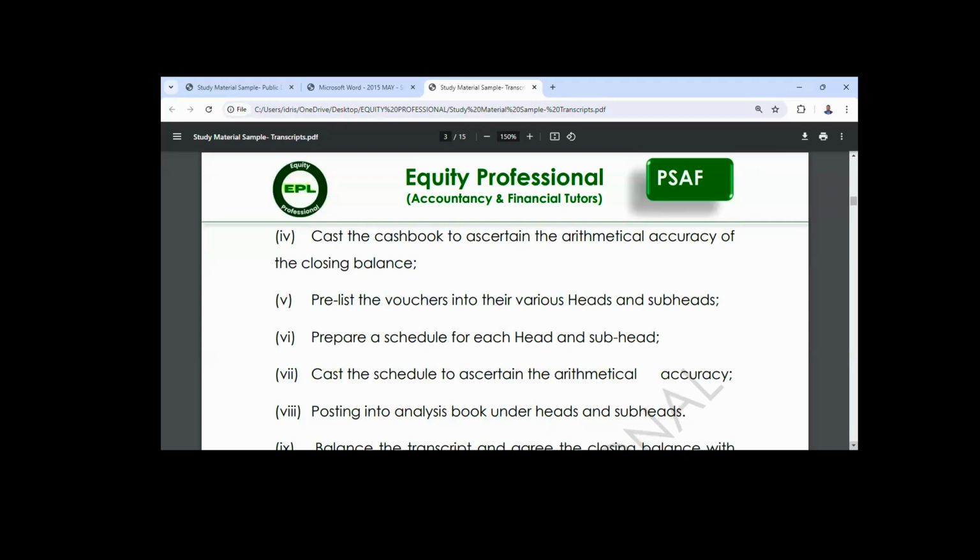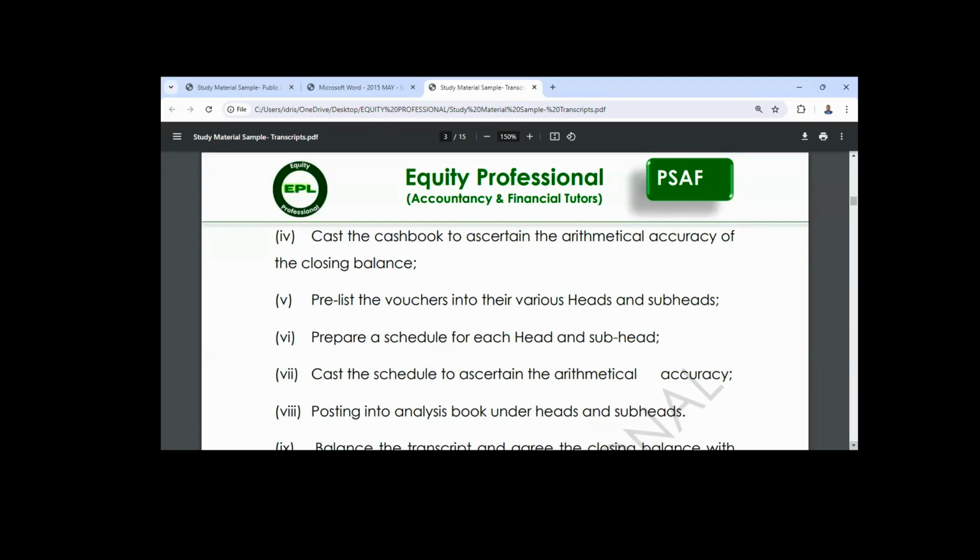You prepare a schedule for each head and sub-head, and you cast the schedule to ascertain arithmetic accuracy.